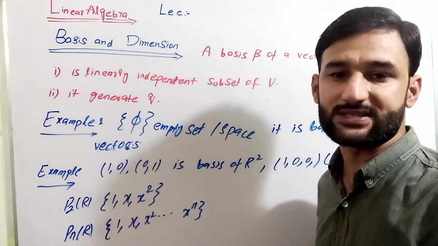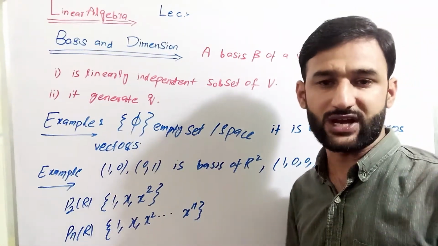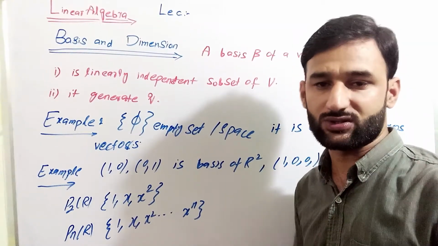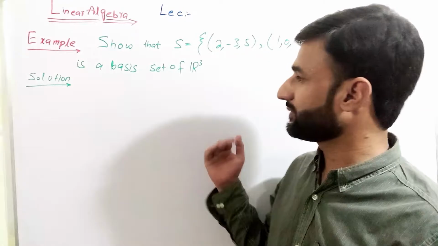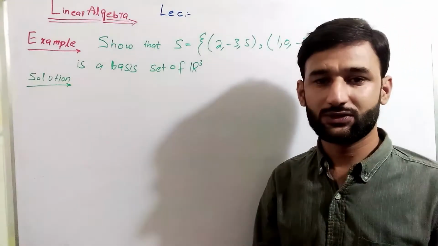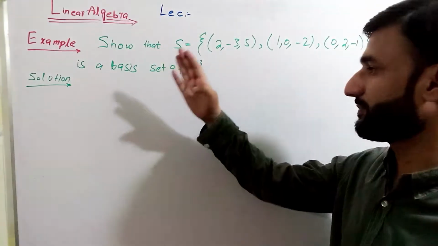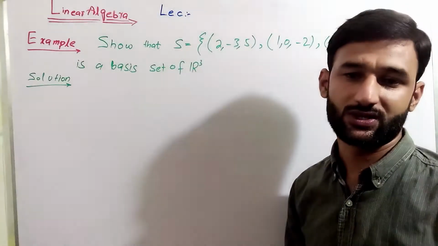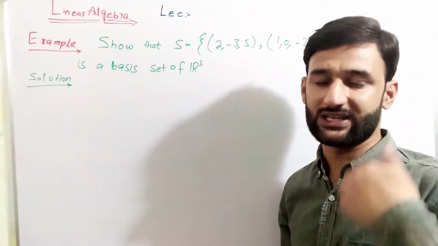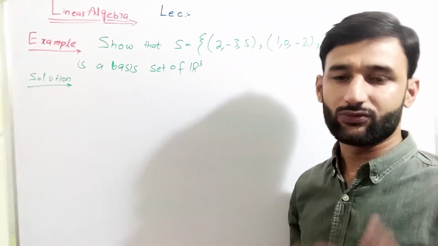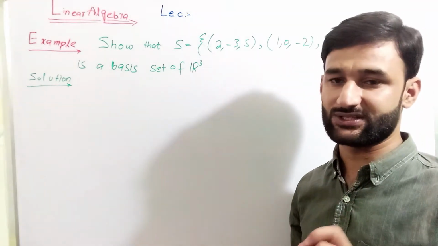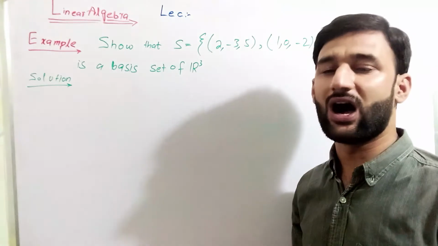Now we choose an example and try to understand whether this set is a basis set of R3 or not. We already know the definition: the set must be linearly independent, and it must generate the space R3.